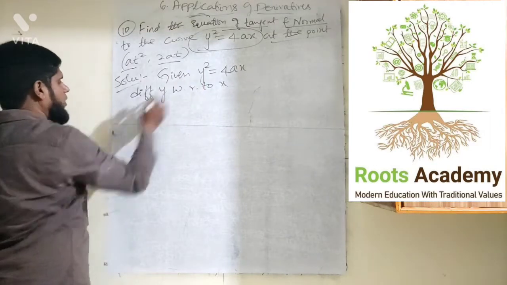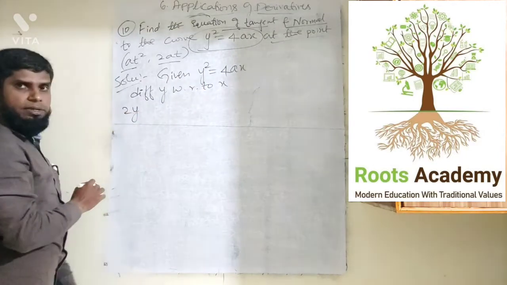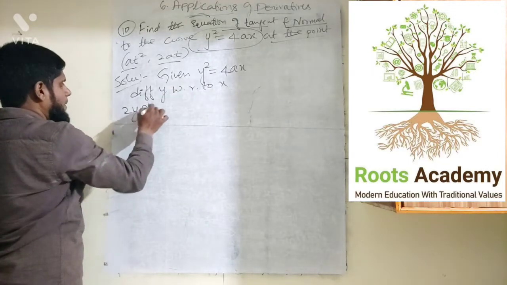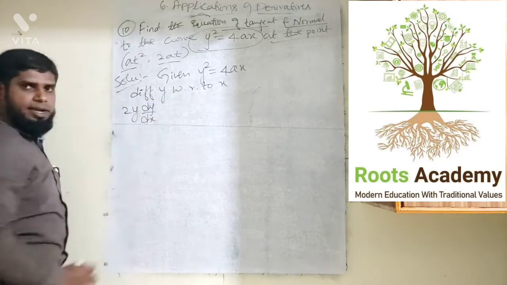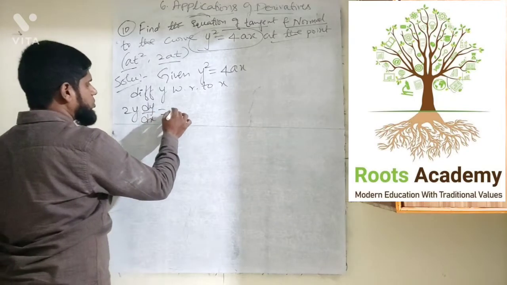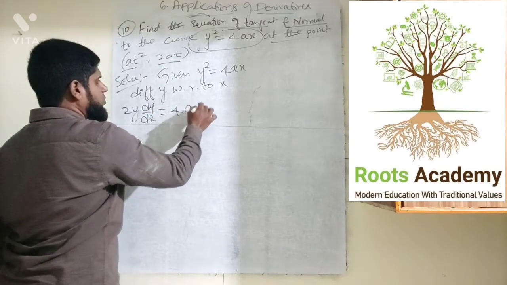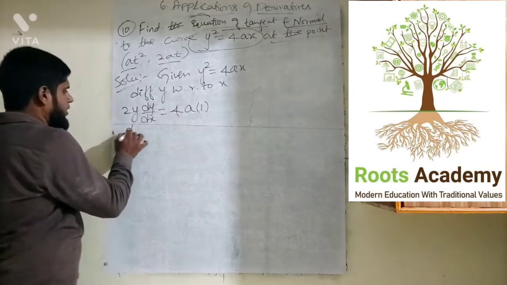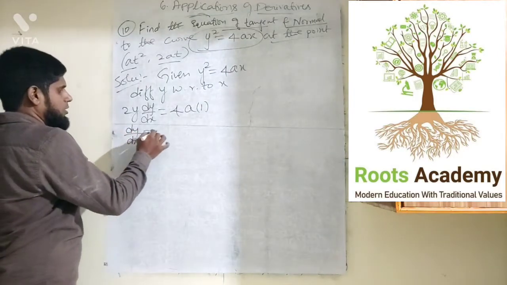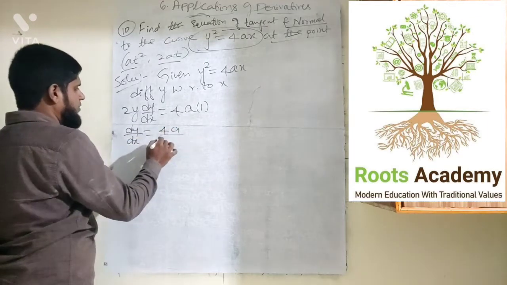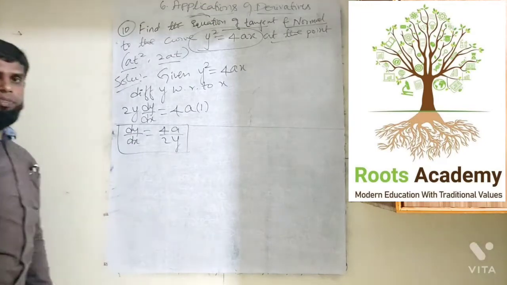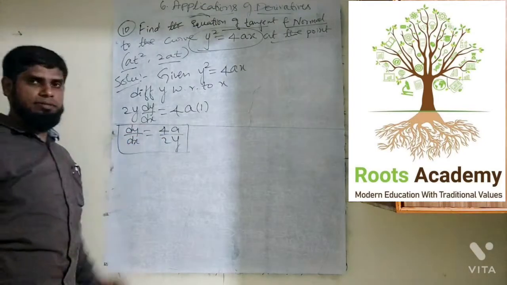So derivative of y square is 2y. Since y is dependent variable, we must differentiate again. So it is dy by dx. This is equals to 4a into 1. So our final dy by dx is equals to 4a divided by 2y. This is our dy by dx.